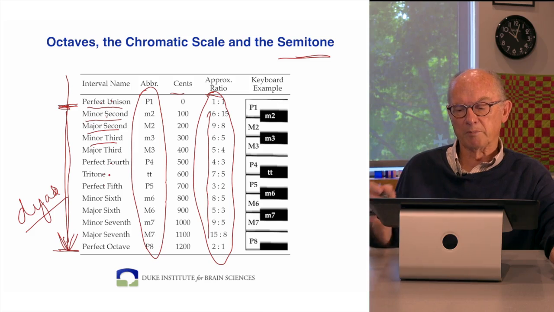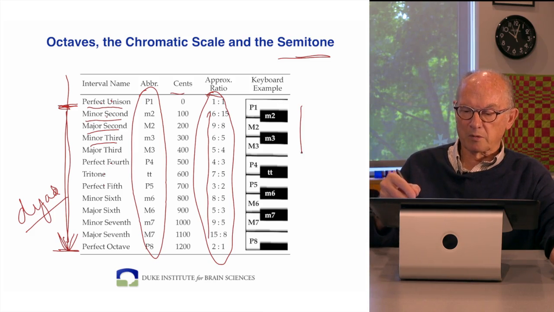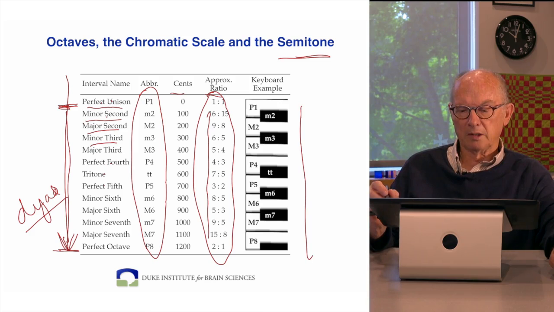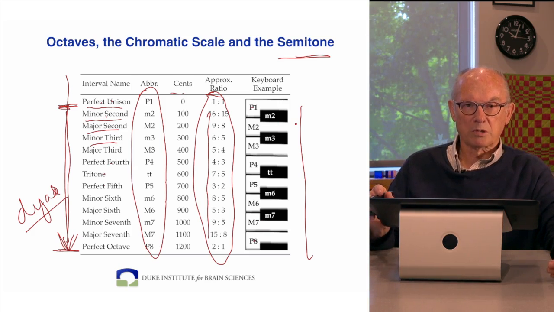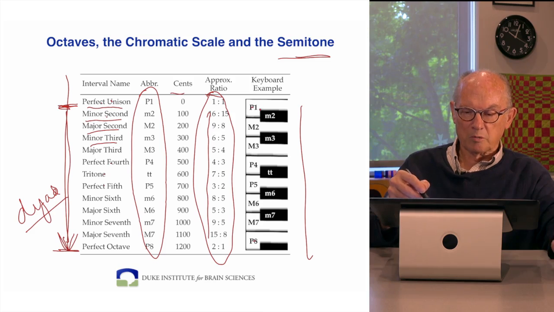This is, of course, a piano keyboard just to indicate how these notes play out on a keyboard for those of you who are familiar with it. The abbreviations are put in here, unison, the octave, and all of the notes in between with their abbreviations. On the piano keyboard, of course, there are semitone differences.